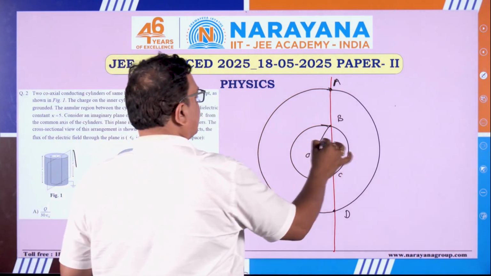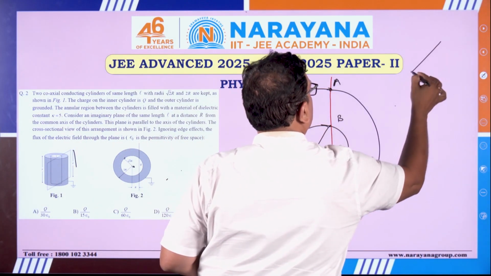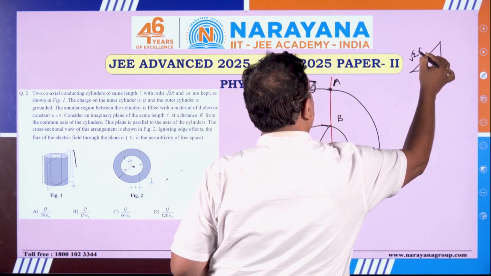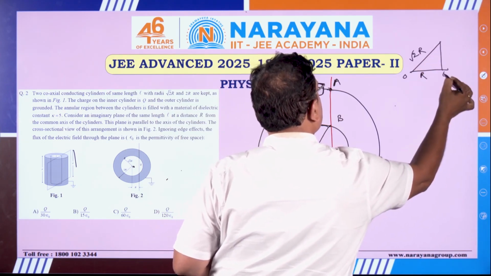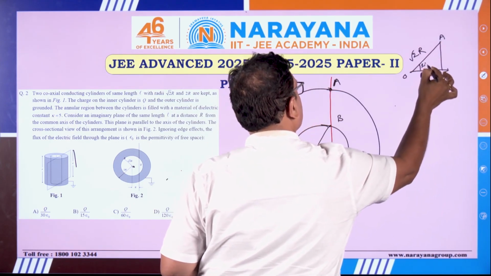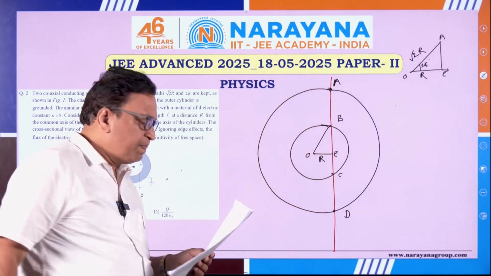OB is root 2R and this is R. In triangle OEB, the angle is 45 degrees. Very simple.